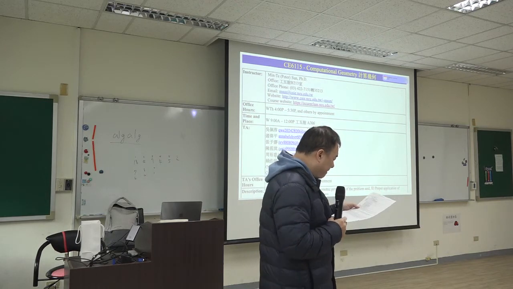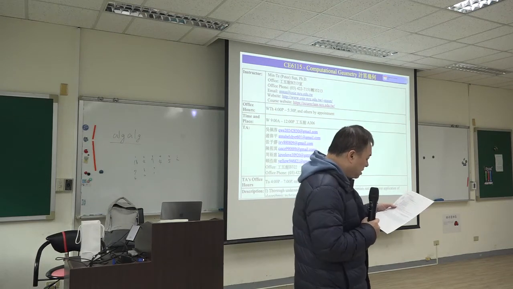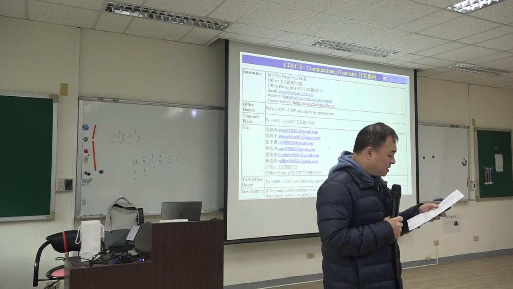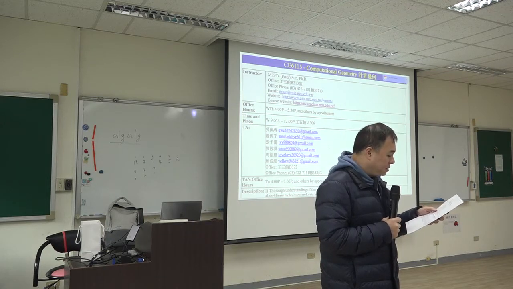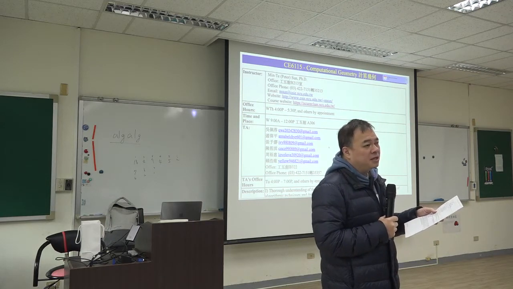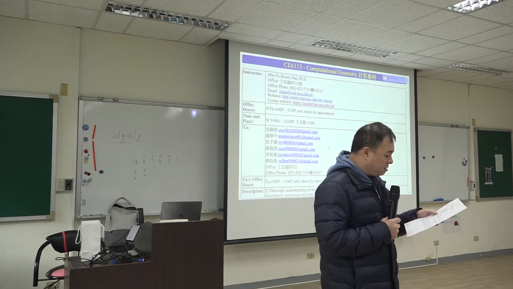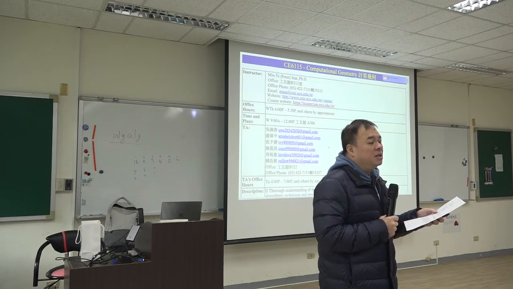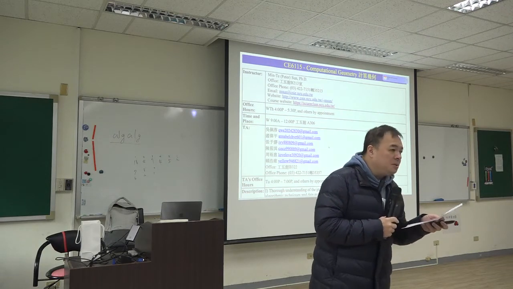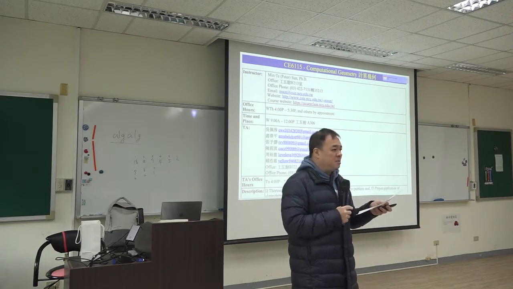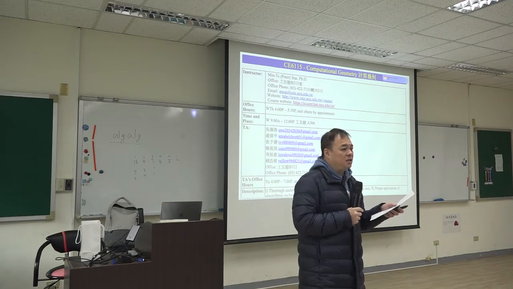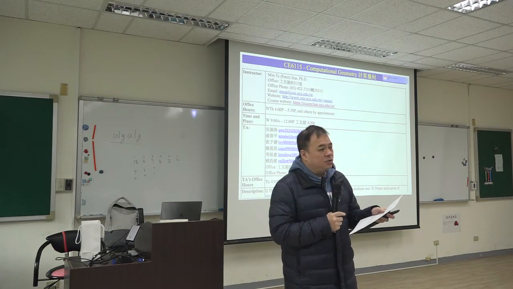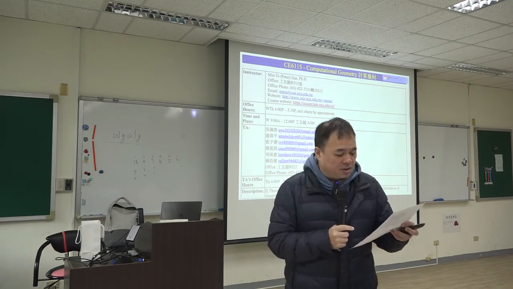And the TA's office hour is Tuesday from 4 to 7 p.m., which hopefully will give you enough access to them. Again, if you are not available for the TA's office hour and you need to talk to the TA, you can also send the TA an email for an appointment.